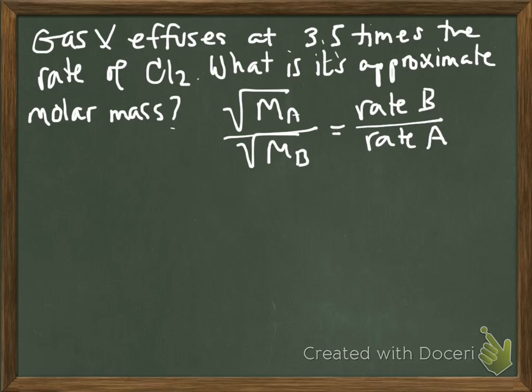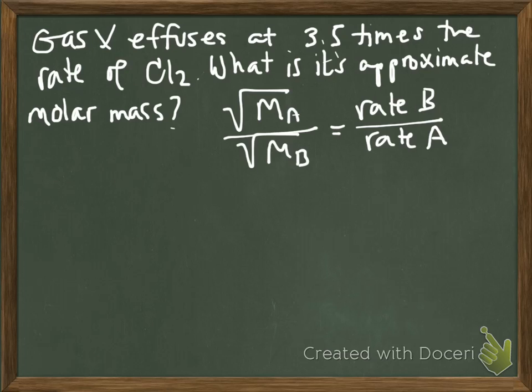This equation has everything that people hate algebraically. Nobody likes dealing with fractions. Nobody likes dealing with radicals. It's got both of them. So while it makes everybody really happy, because you can assign which gas is gas A and which gas is gas B, guess what? You never have to solve for the one in the denominator.